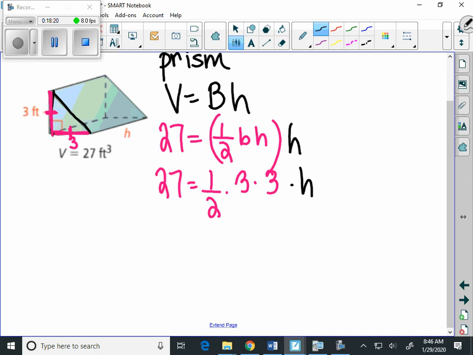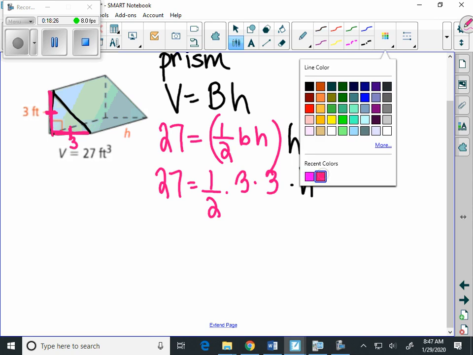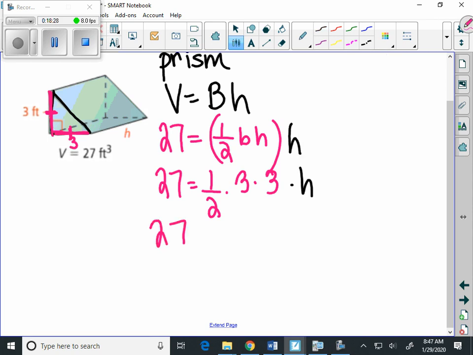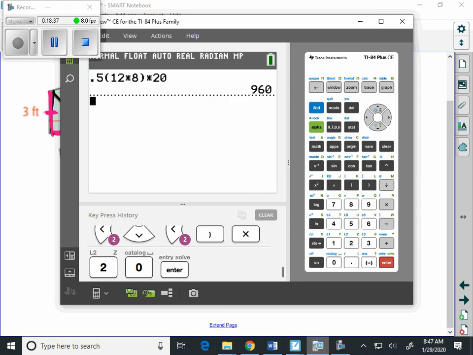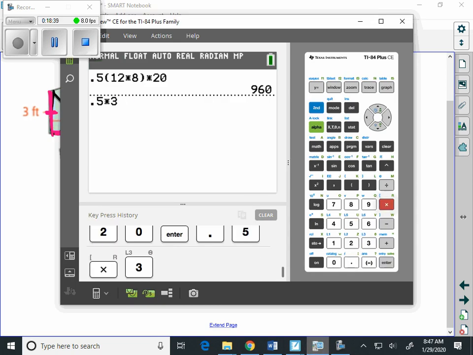And if we type in 1/2 times 3 times 3, then we're going to get 4.5 times H. 0.5 times 3 times 3 gives us 4.5.